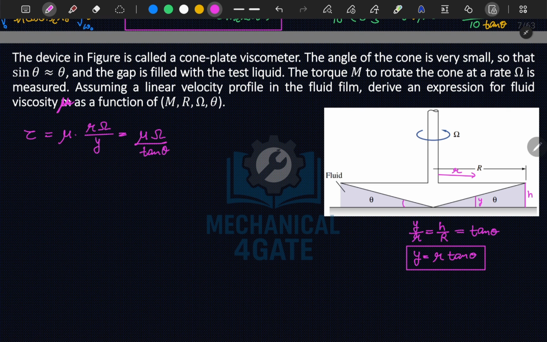So this is tau, the shear stress at this r. Of course, we take an elemental fluid here, with thickness dr. To calculate the small elemental force dFs, we use tau into dA, which is equal to mu omega by tan theta into dA. So dA is 2 pi r times dr.